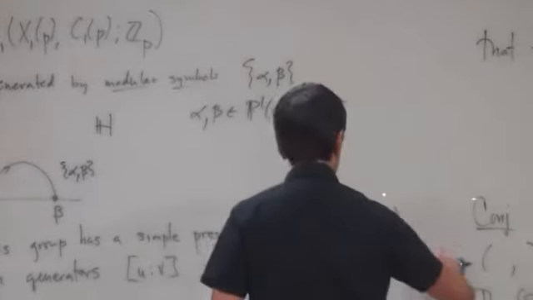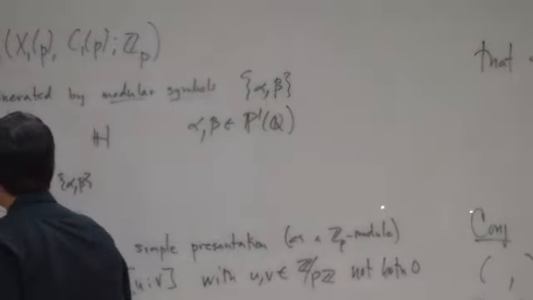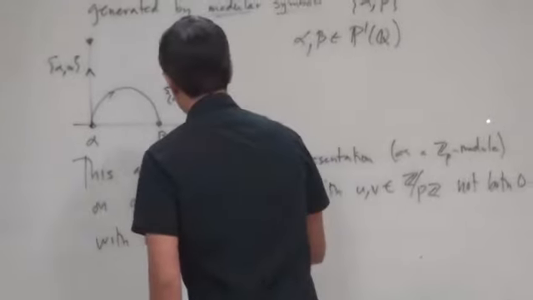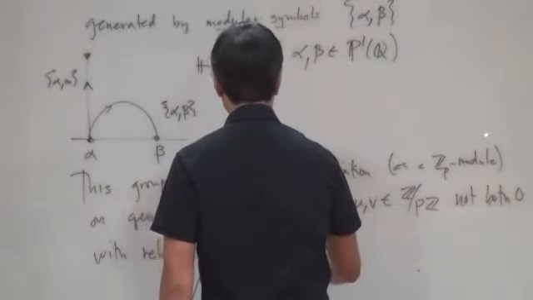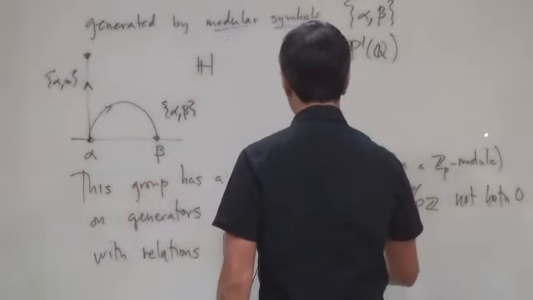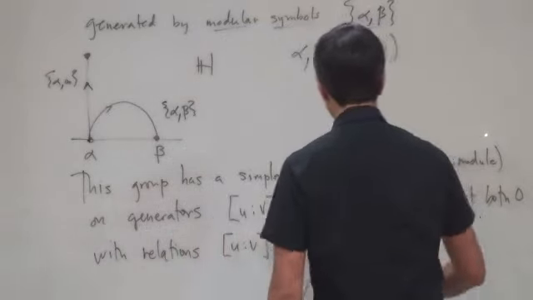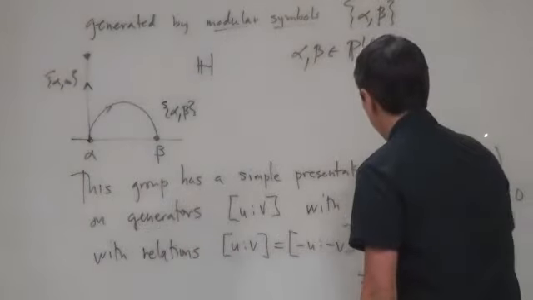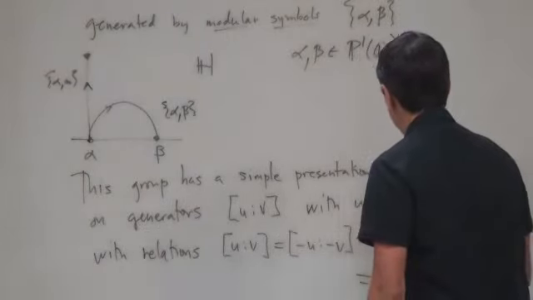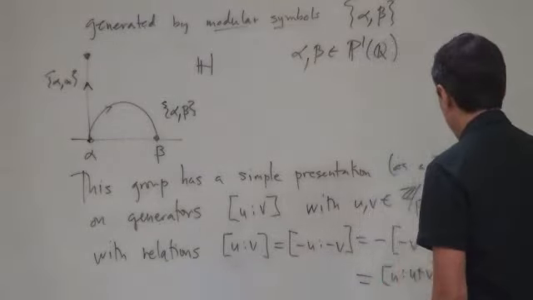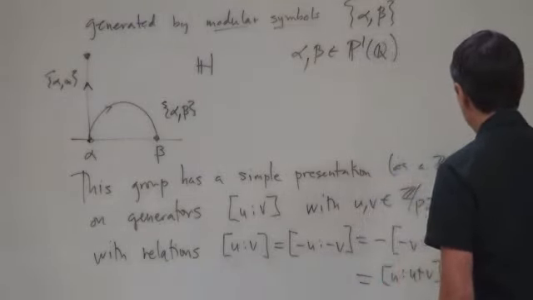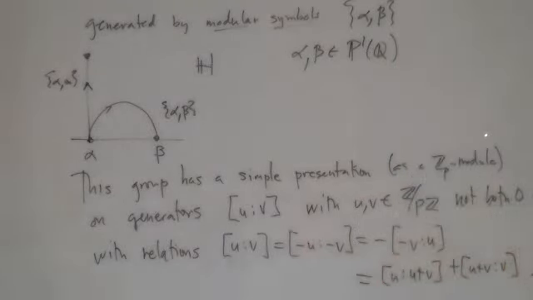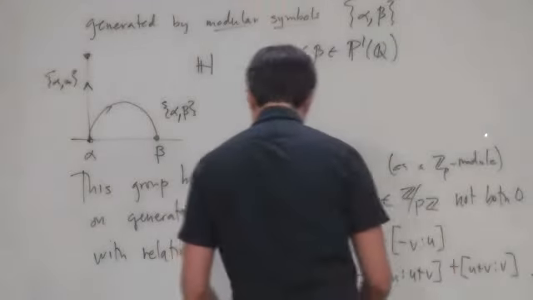So with relations: [u:v] = -[-u:-v] = -[v:u] = [u:u+v] + [u+v:v]. Those are the relations. Okay, and that gives the presentation.